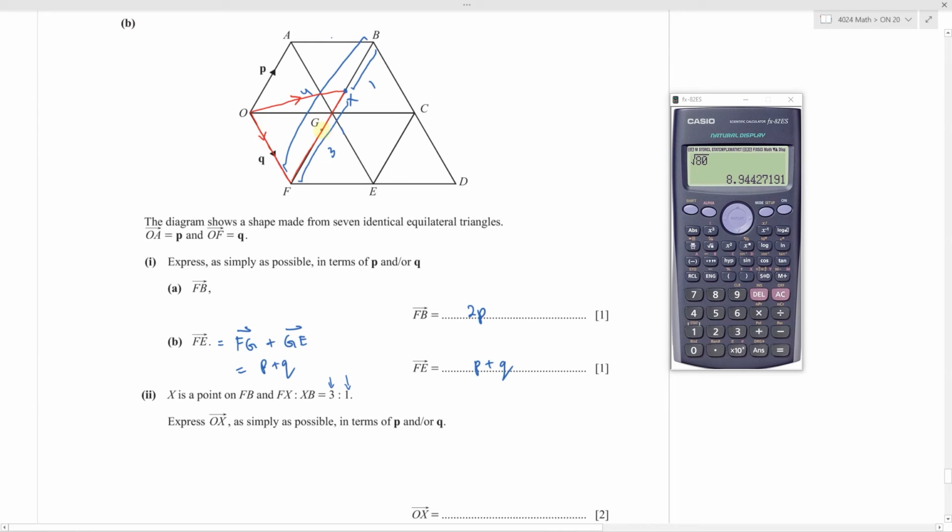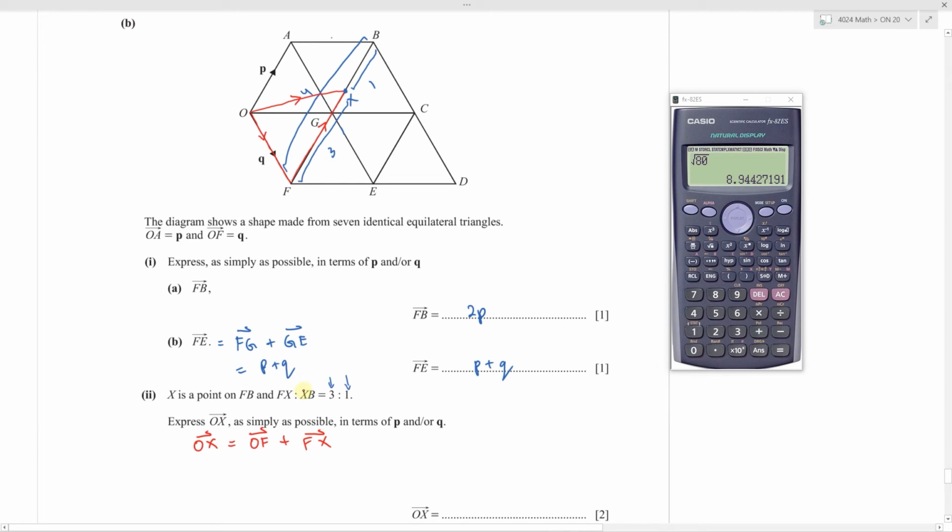So OF plus FX will give me OX. So OX can be written as OF plus FX. Now OF is known. I need to calculate this vector FX.